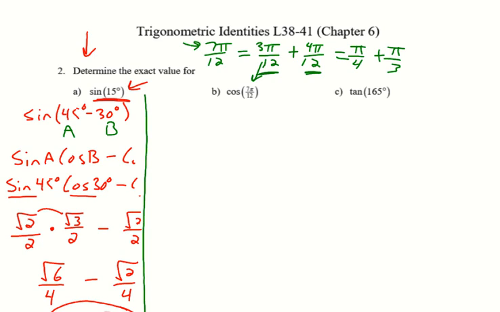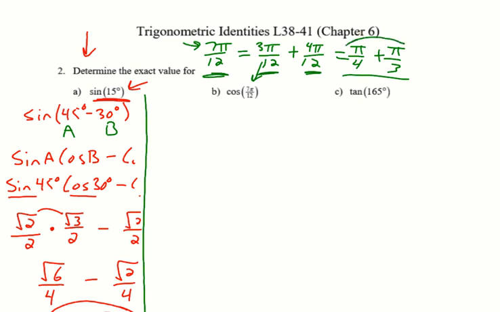Maybe you tried some other ones and it didn't work out to numbers that we did know. So you just have to do a little bit of guessing and checking there. And the other thing is there could be multiple ways of doing this that get you the same answer. Sometimes multiple combinations of these things will add up to that angle.